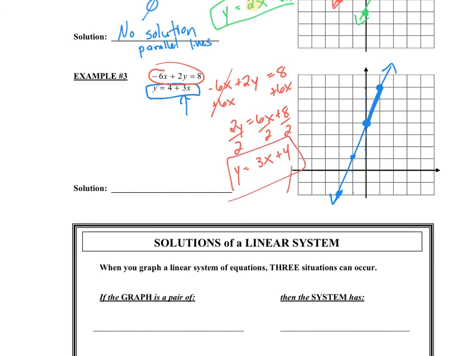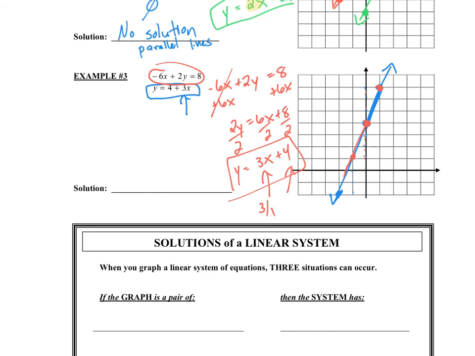So the y-intercept is 4. 1, 2, 3, 4. The slope is 3, which would be 3 over 1 again. As a fraction, 3 is 3 over 1, which means go up 3 to the right 1, or go down 3 to the left 1.